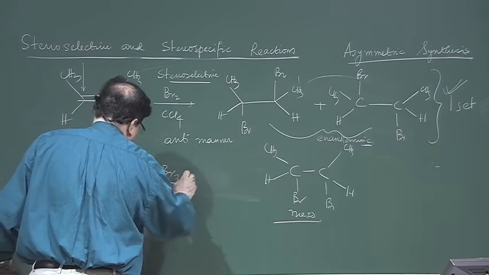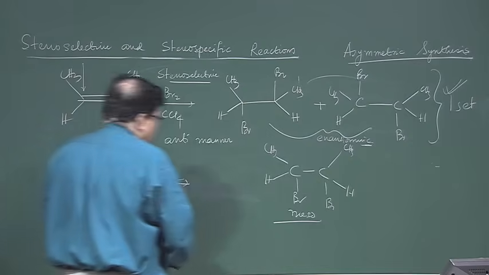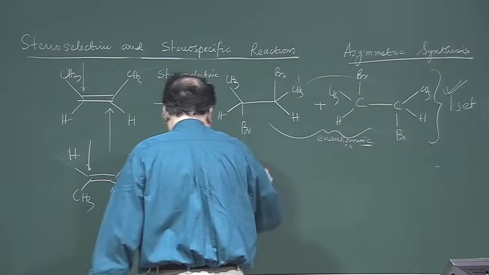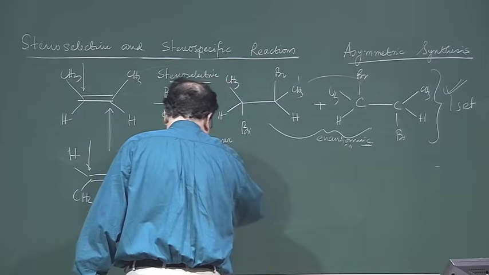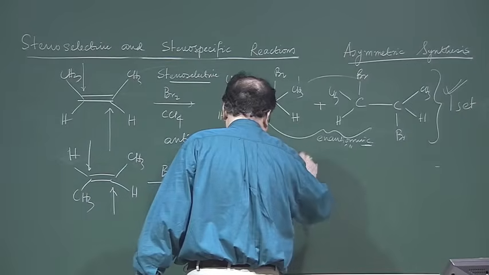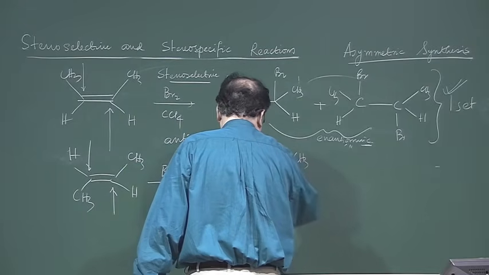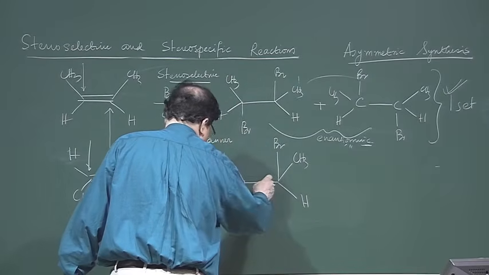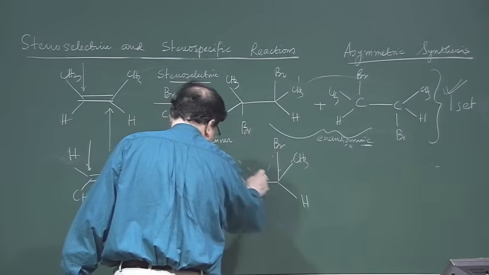After bromine addition, if the bromine adds from this side or that side, so I erase this, actually that is not the way to write, you will get a compound which will have a center of symmetry now. So, one bromine comes from here, another bromine comes from the other side, and now you have a center of symmetry, i, in the compound.